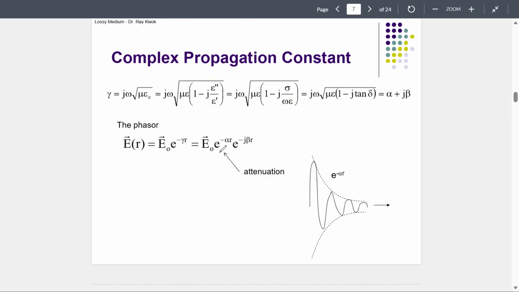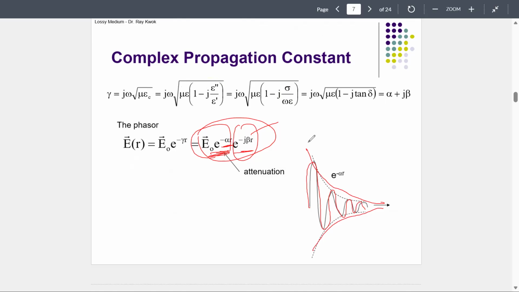So we already did this. We say this is attenuation. This is the oscillation. So what does that mean when I have a complex permittivity? This is the oscillation part. That means the electric field or the magnetic field is still oscillating, but the amplitude would decay exponentially, like this.